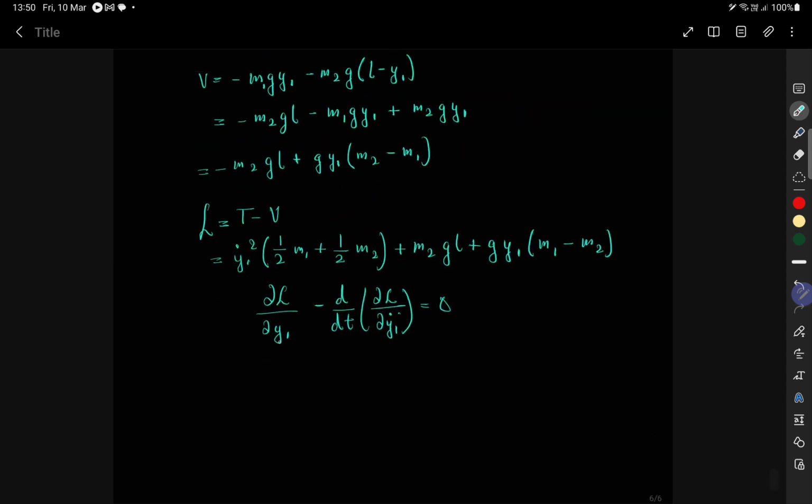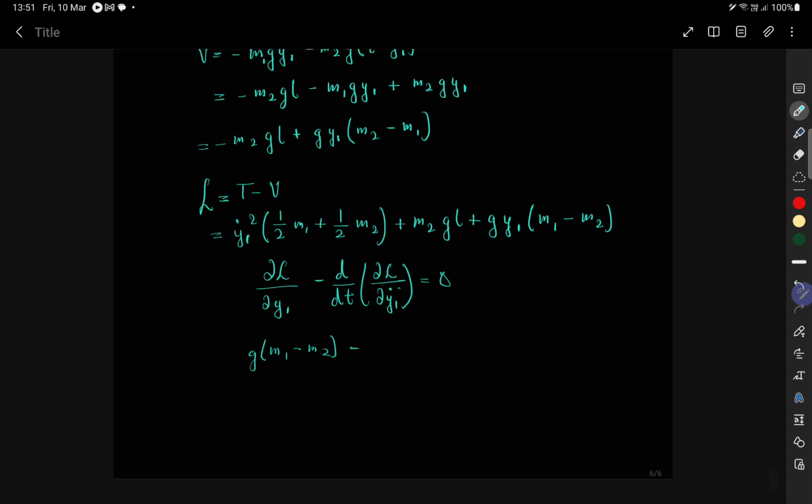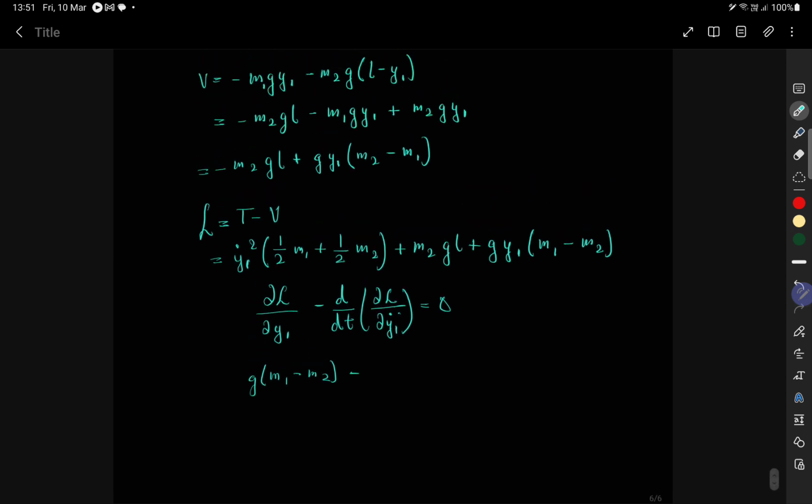So partial L by partial y1 should be g times (m1 minus m2), minus d by dt of partial L by partial y1 dot. y1 dot is right here, it's squared, so we're treating them as independent variables, though they may not really be independent. We just do treat them as that, for the Lagrangian at least. For this formalism, you have to do that, kind of, unfortunately.